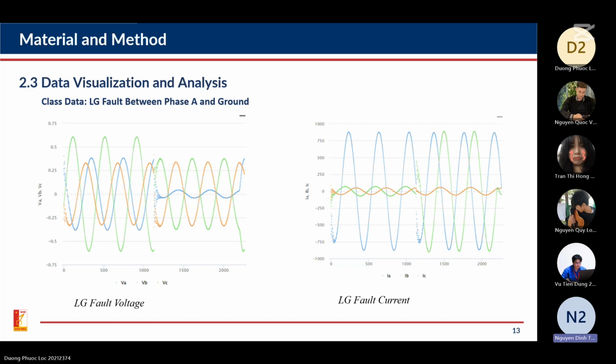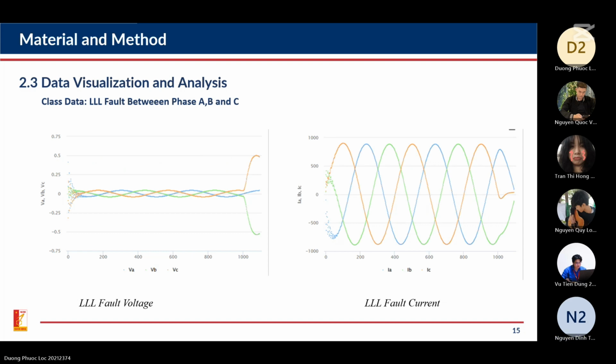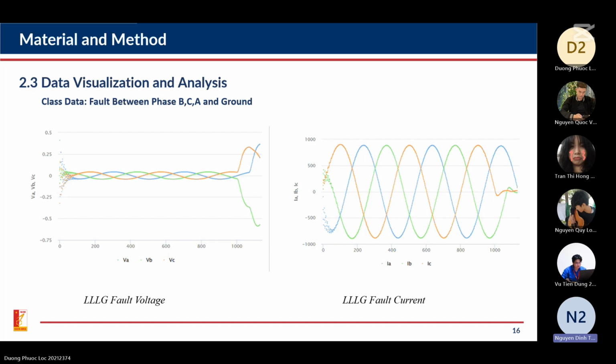Slide 14 is the double line to ground fault between phase A, phase B, and ground. Slide 15 is the line to line fault between phase A, phase B, and phase C. And the last one is the fault between phase A, phase B, phase C, and ground.